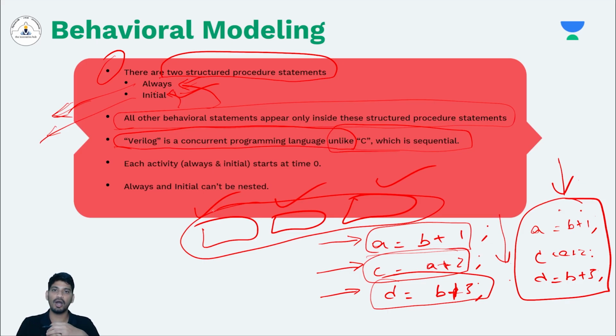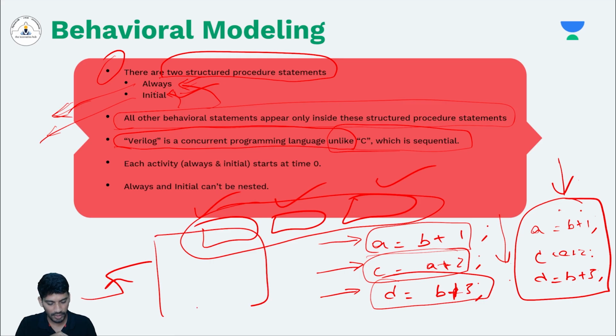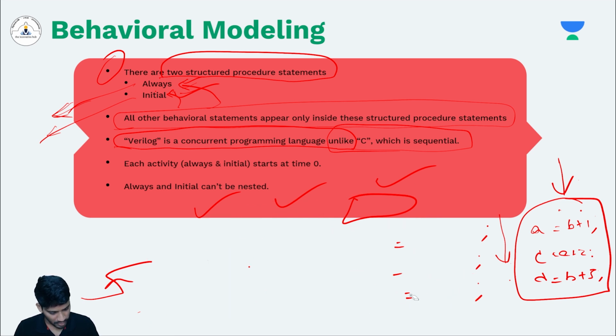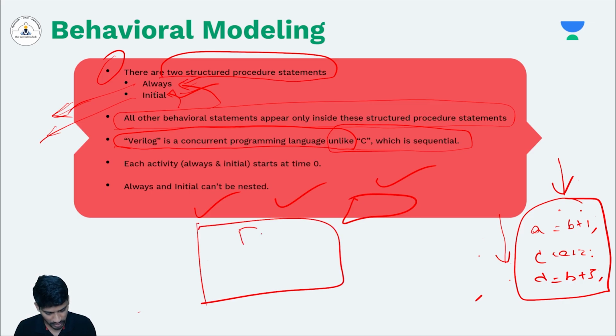Because in the hardware, in real world circuits, if you send the signal and if you have different circuits sitting here, they will all work if they are independent of each other. If the data is not dependent, if they are independent blocks, then they will all execute at the same time. Okay, let me draw clearly. Let's say you have a circuit like this, which has three different gates, and the data is mutually exclusive.